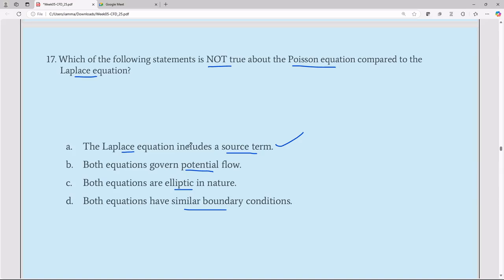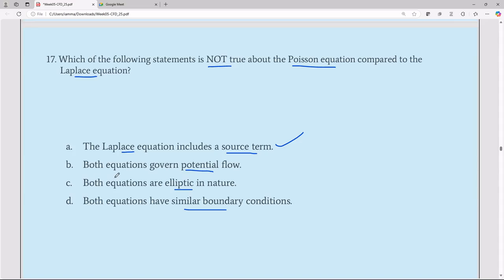The Laplace equation represents steady state heat transfer, and for steady state heat transfer the source term is not there. So in such a case, this option becomes not true, and also it's not talking about the Poisson equation.